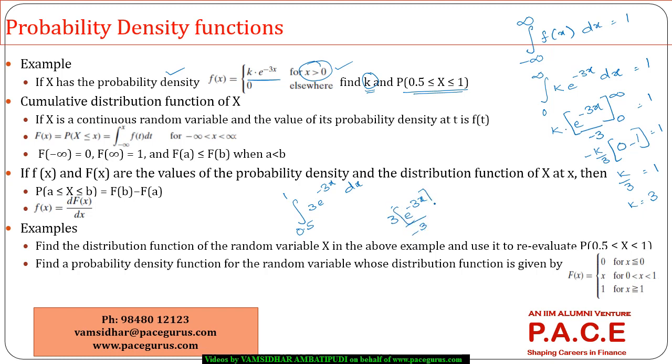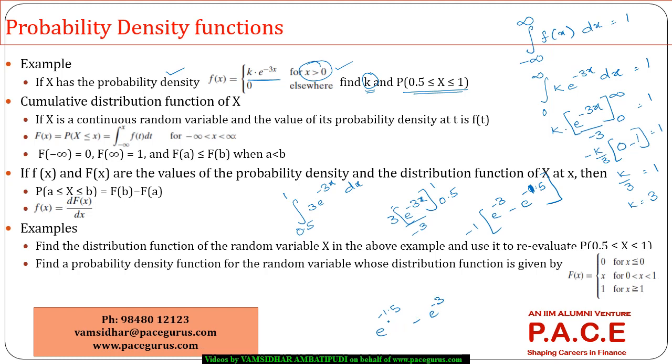This I am integrating between 1 and 0.5. So this is minus 1 times e to the power of minus 3 minus e to the power of minus 1.5, which is nothing but e to the power of minus 1.5 minus e to the power of minus 3.